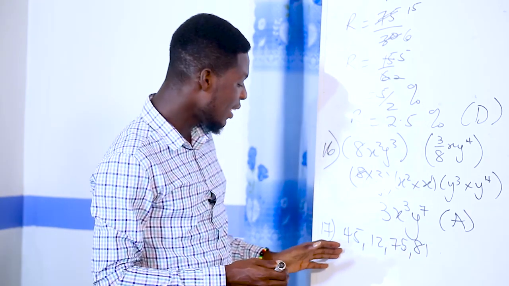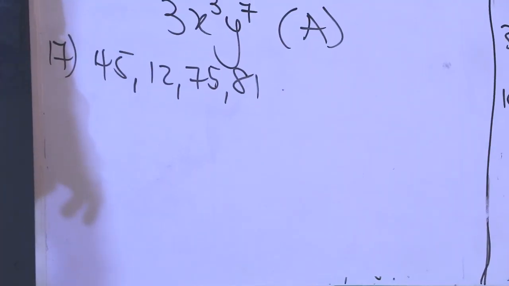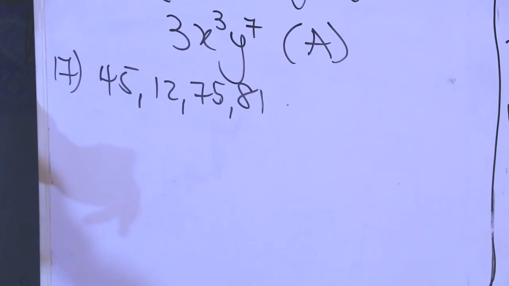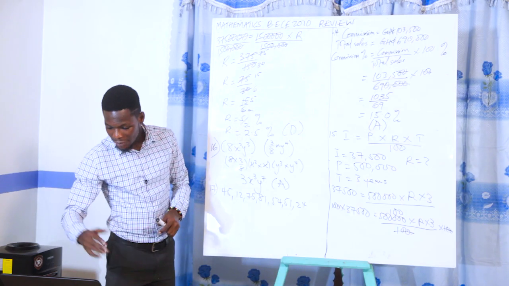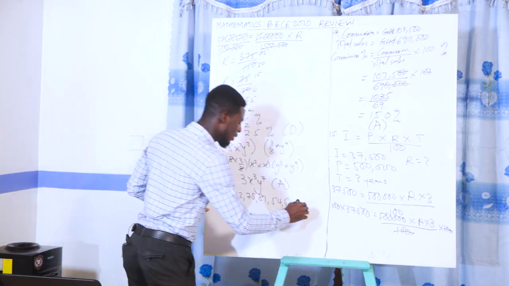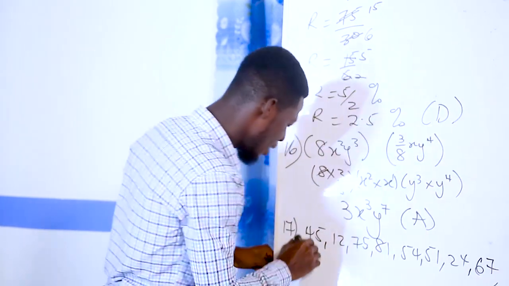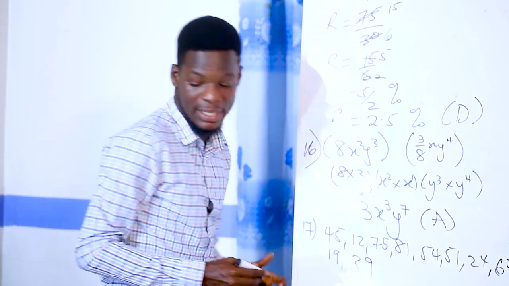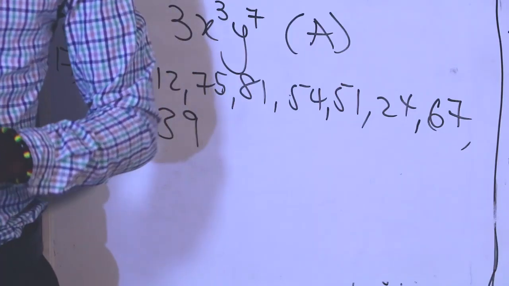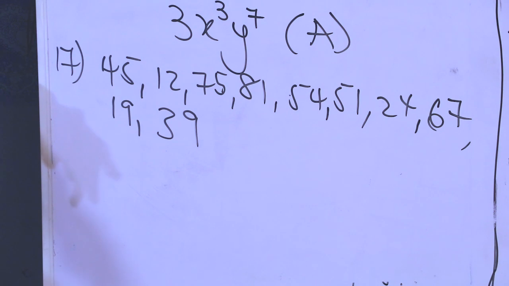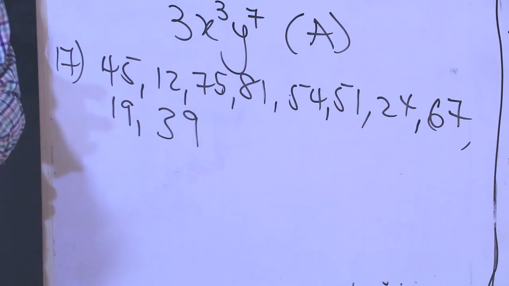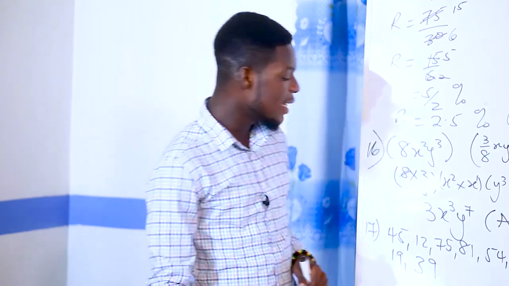So these are the marks for the first 4. All right, the next 4, we have 54, 51, 24. The next set, we have 67, 19, and 39. Now, we are using this to answer question 17, which says, what is the median of the scores?